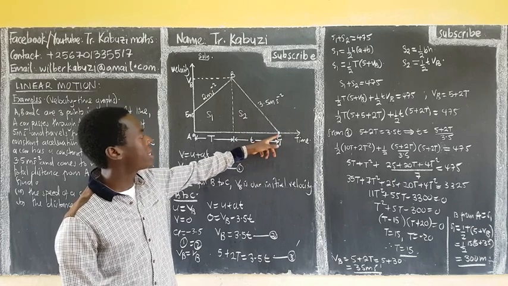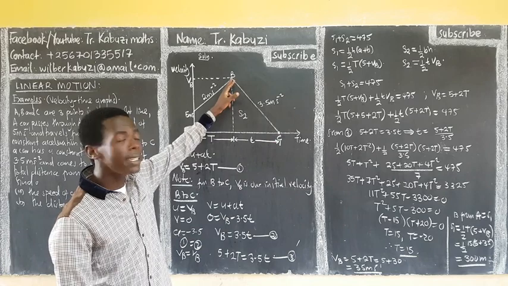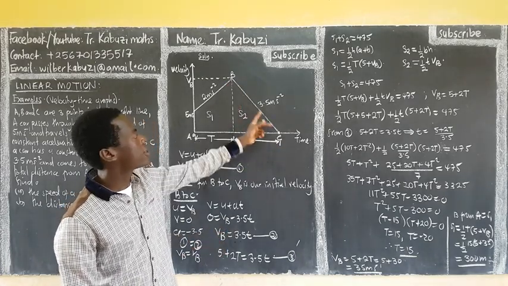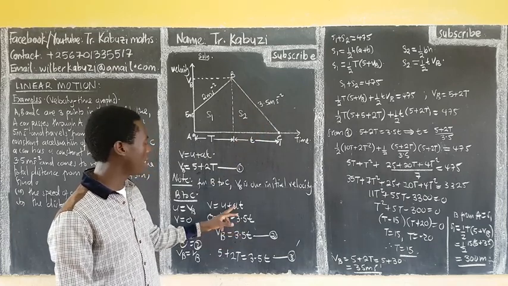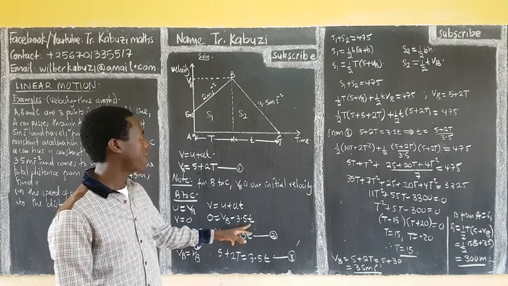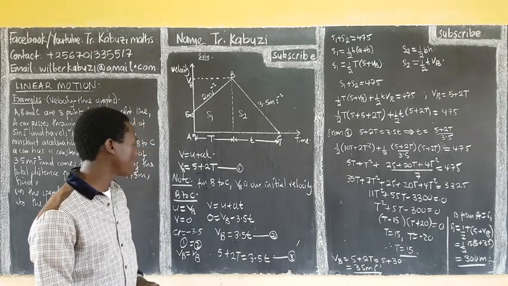That's why when I reach here, the final velocity is 0, while the initial velocity in terms of B to C is VB. Now the acceleration, because it's retarding, is negative, so it is going to be negative 3.5. Now the time I'm using for this retardation is small t.